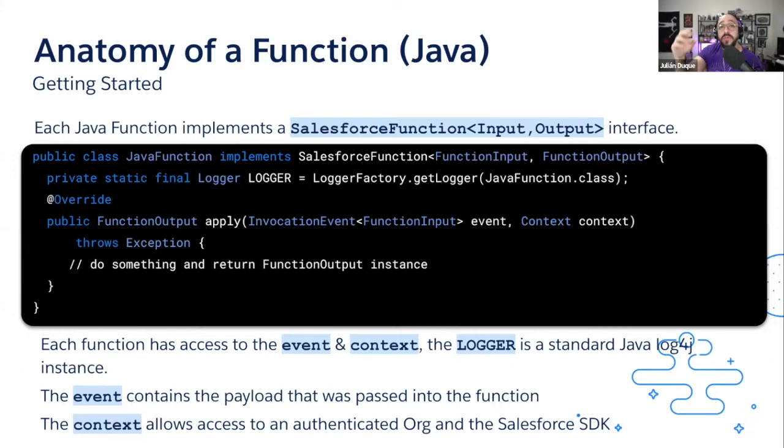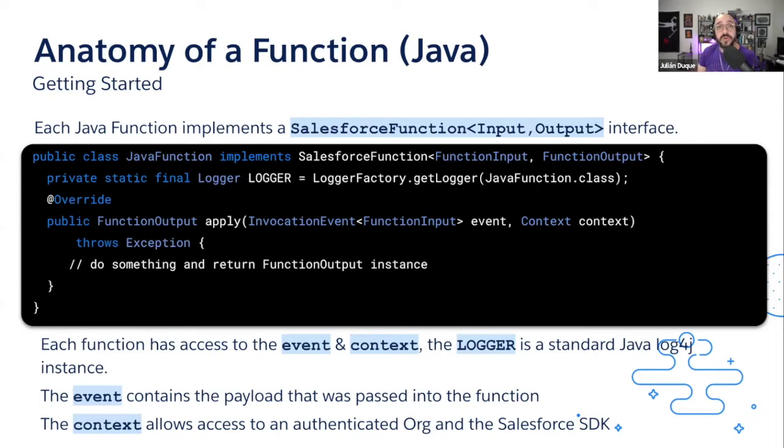The input is a plain old Java object that is going to specify the shape of the input information of your function. And the output is a plain old Java object that is going to specify the shape of the output of your function. Since Java is a typed programming language, you need to specify these two.